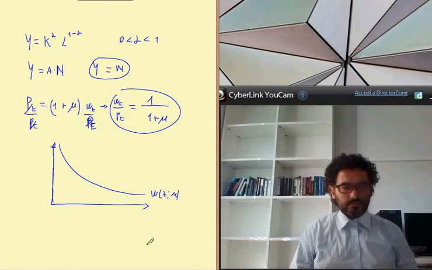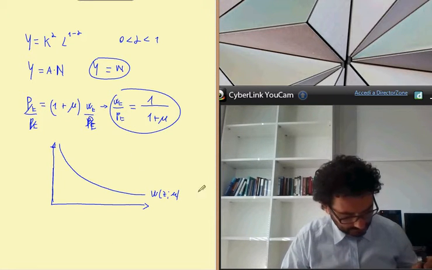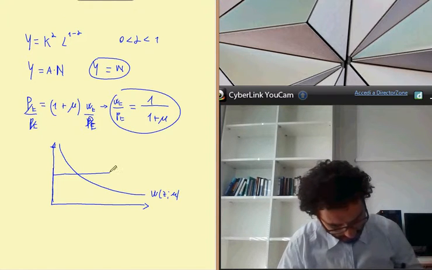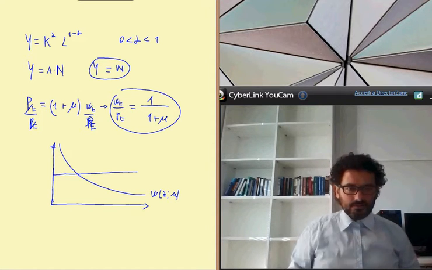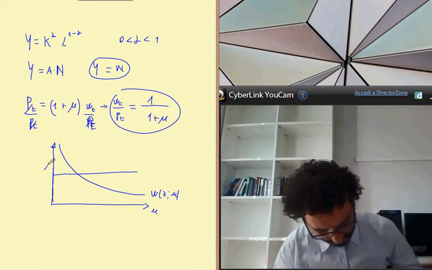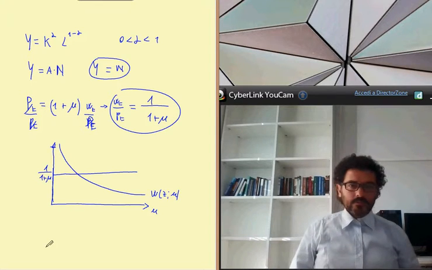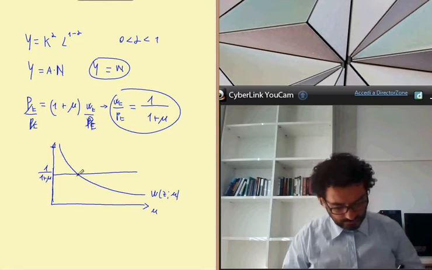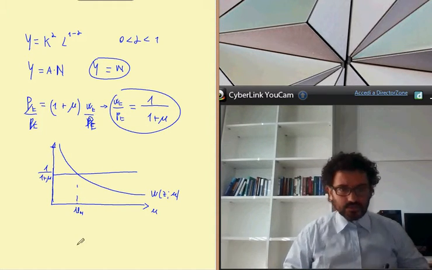At the same time, firms want to pay a horizontal real wage, with respect to the unemployment rate, equal to 1 divided by 1 plus the markup mu. And this is the equilibrium in the labor market, which identifies a unique level of unemployment rate which we call the natural unemployment rate. We will see that this natural unemployment rate is not given by nature, but by the economic structure or economic system.